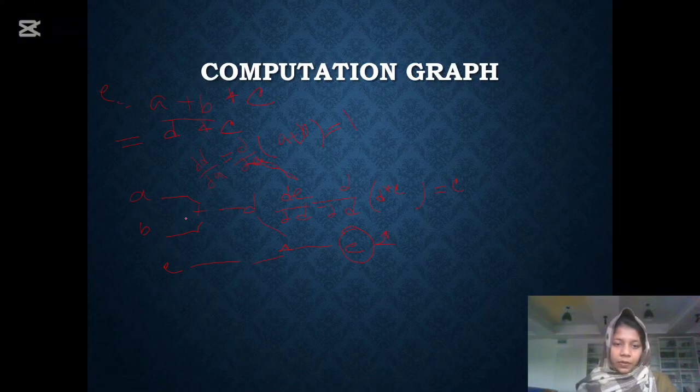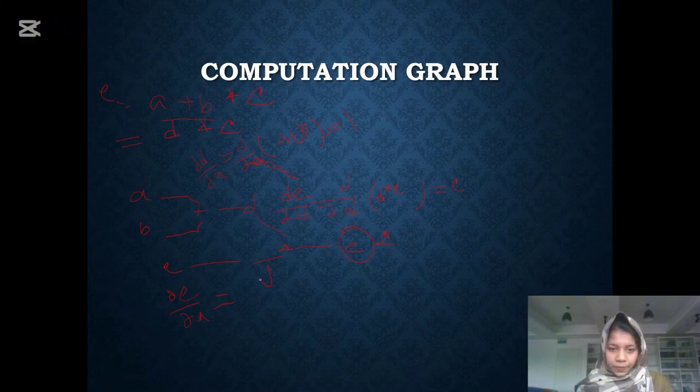Now comes the final part, that is the chain rule. We need to determine how much the output E changes with respect to the input A. So if we compute this, the final output becomes the partial derivative of E with respect to A. In backpropagation, we need to multiply all of these, like we need to multiply this one with this part.